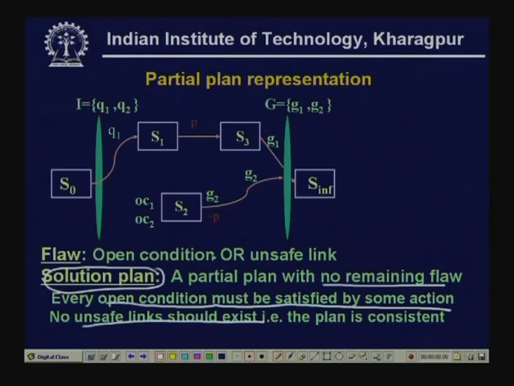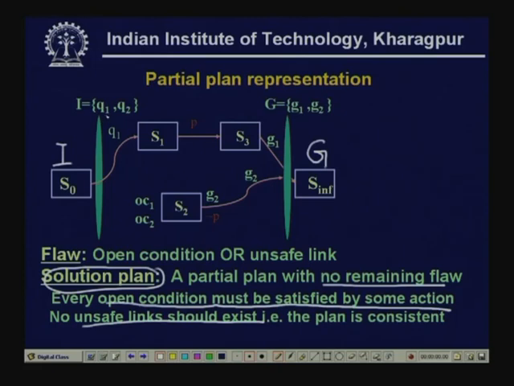Now, this is a representation of the partial plan. We introduce two distinguished states, S0 for the initial state and S-inf for the goal state. We will consider that the initial state description is an effect of the initial step.